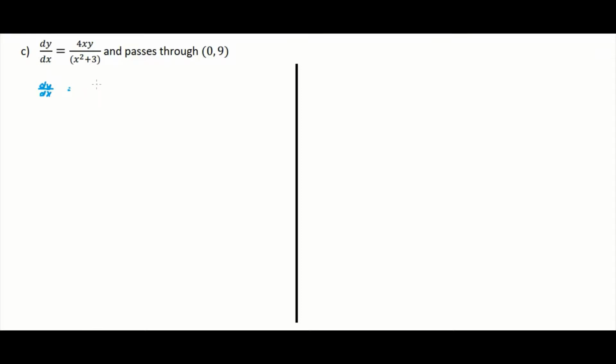So start with the differential equation that is given. dy/dx equals 4xy over x squared plus 3, and it passes through (0, 9), right? Same thing, we need to move the y. So you will have 1 over y dy/dx equal to, what do you have left here? You have 4x over x squared plus 3.